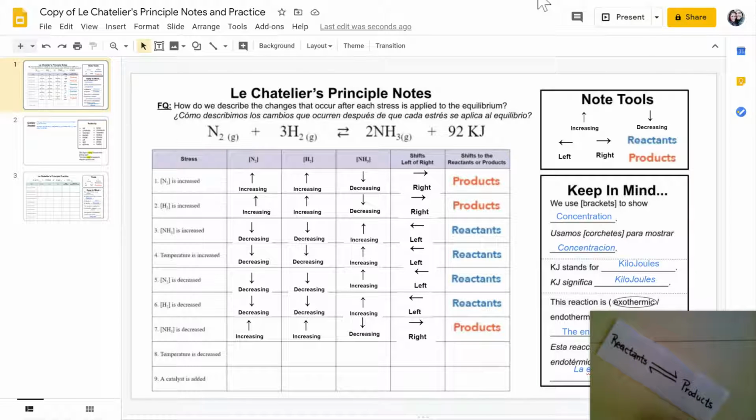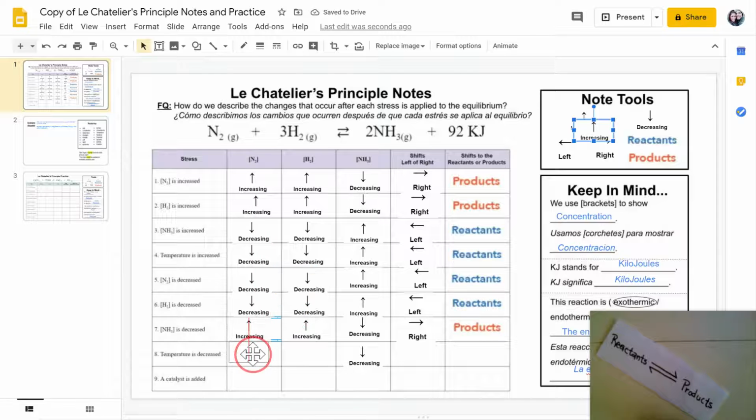So anything that is a product is going to decrease also, including NH3. I saw that as the products decreased, the reactants increased. So anything that's on the reactant side is going to increase, like N2 and H2.